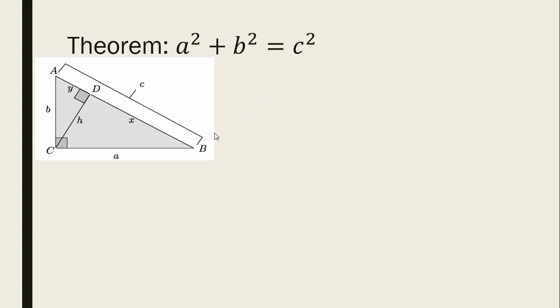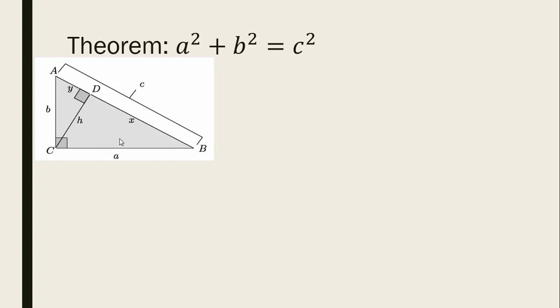So what we're going to do is look at this right triangle here and notice that we've drawn the altitude. Once again, the altitude connects the right angle to the hypotenuse perpendicularly with a line. So we have a right angle here. And once again, we know that CDB is congruent to ACB, and we know that ADC is also congruent to ACB.